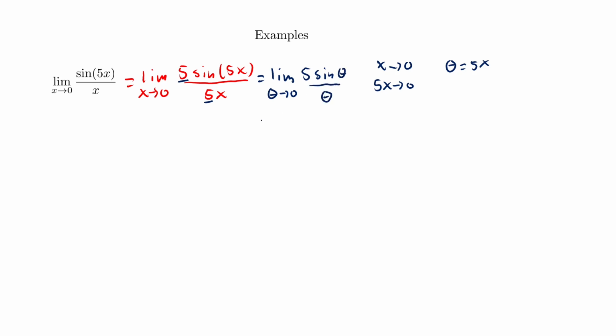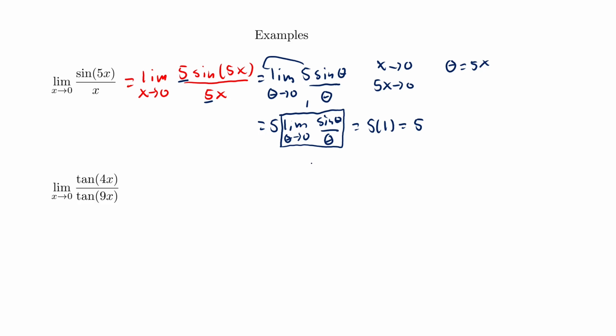If we remember our limit laws from last time, we can pull that constant outside. So this becomes 5 times the limit as theta approaches 0 of sine of theta over theta. On the last page, we showed, granted we used x's, but the variable doesn't actually matter, that this is equal to 1. So this is just 5 times 1, and we know that this limit is 5.